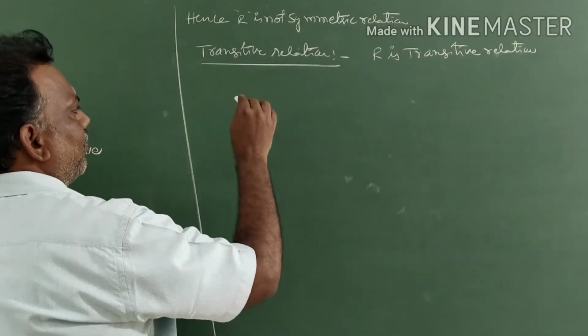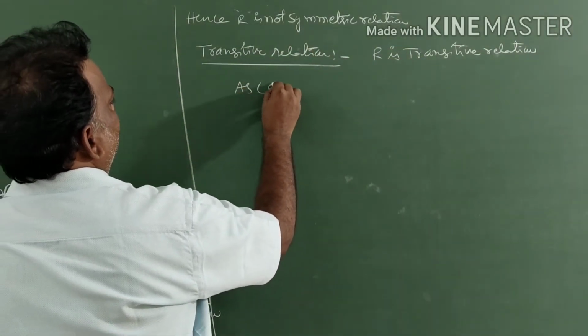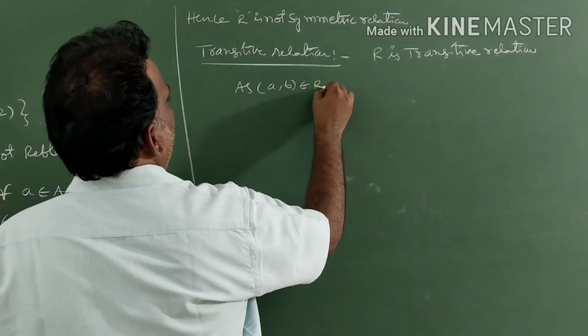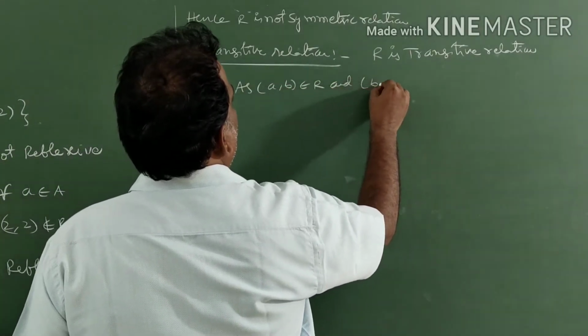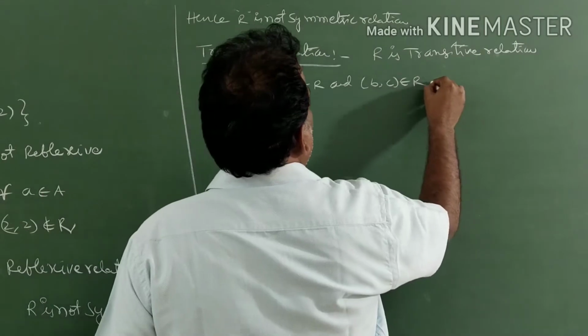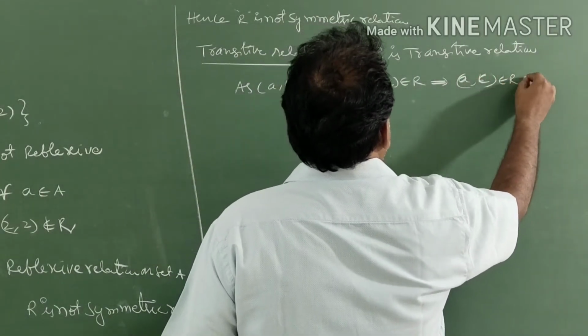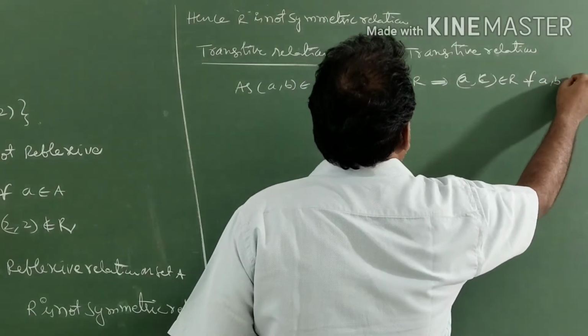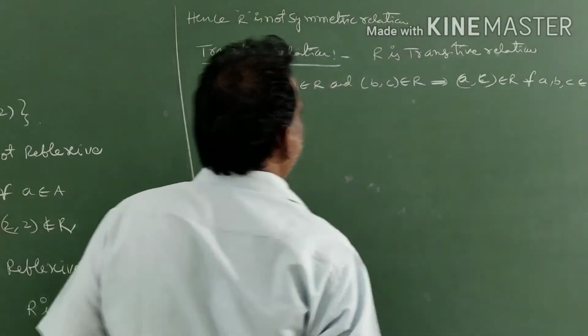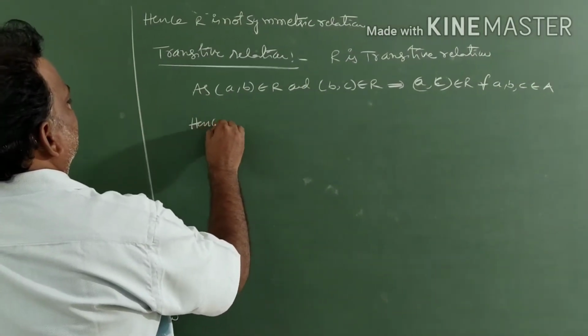You need not give an example, you write the definition directly: (a, b) belongs to R, ordered pair (b, c) belongs to R, that implies ordered pair (a, c) belongs to R for all a, b, c belongs to set A. Hence R is transitive.